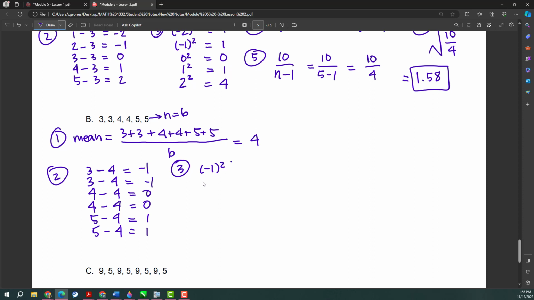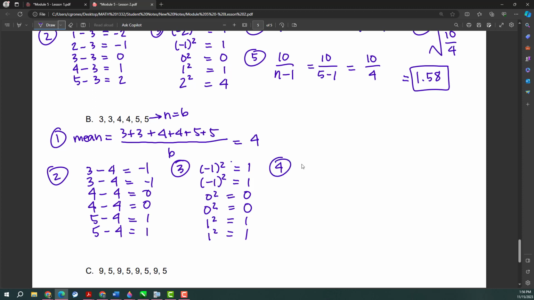So (-1) squared, 0, and then 1. Remember, -1 times -1 gives us +1. 0 times 0 is 0, and then 1 times 1 is 1.